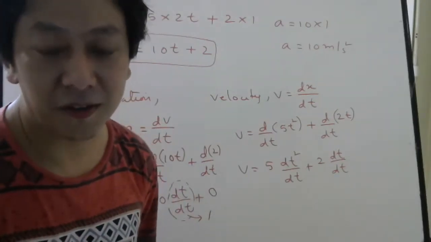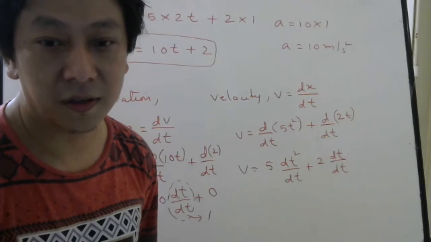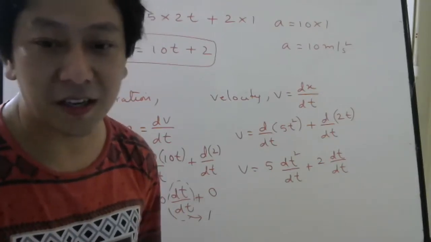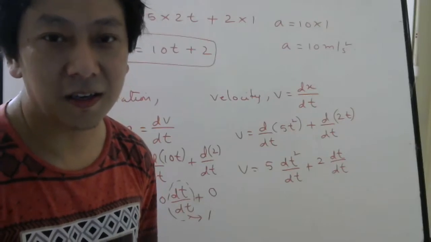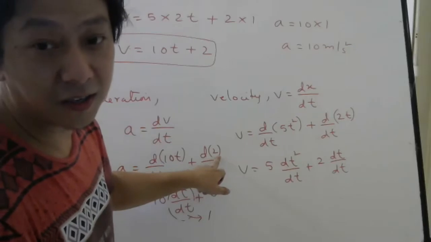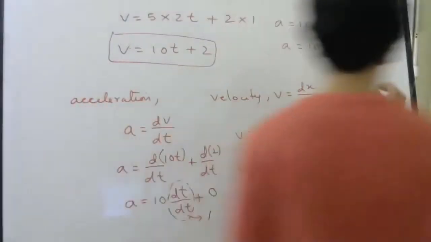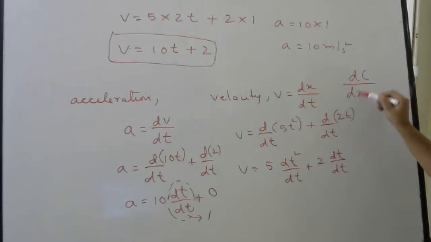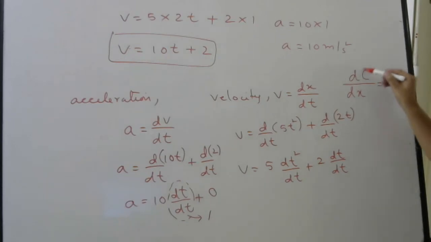What is 0 you are saying? This is 2. 2 is a constant. What is the differentiation of a constant with respect to any variable? 0.